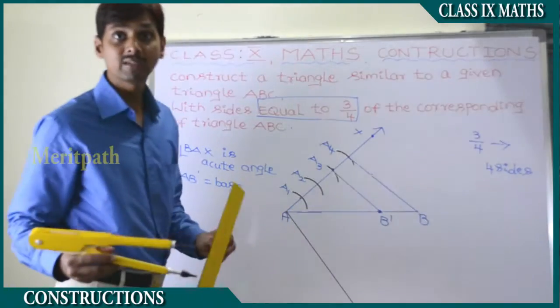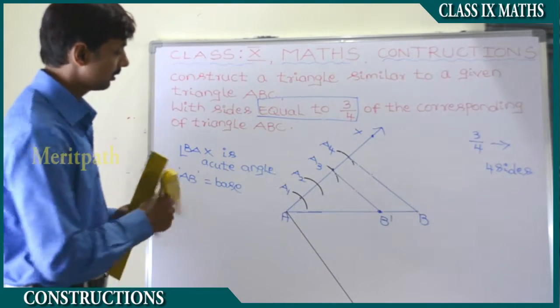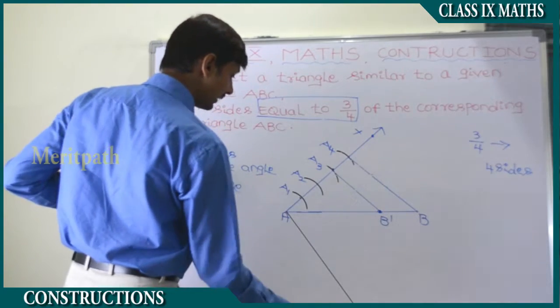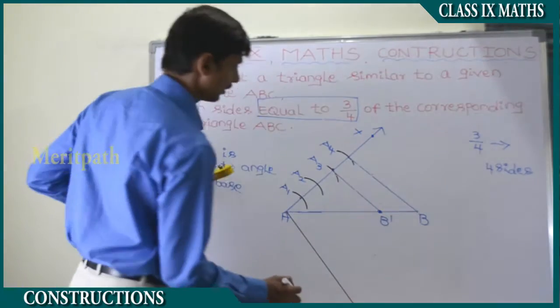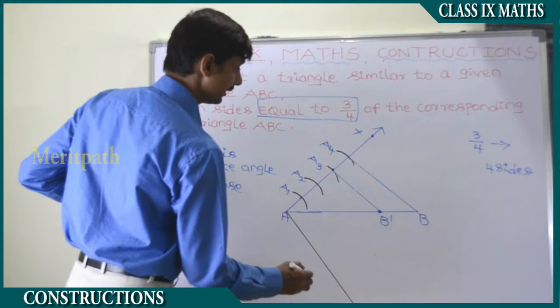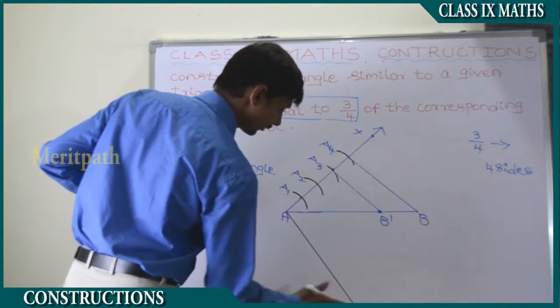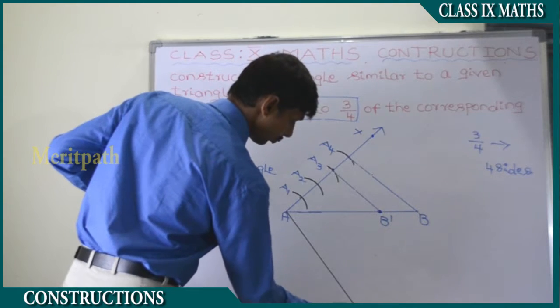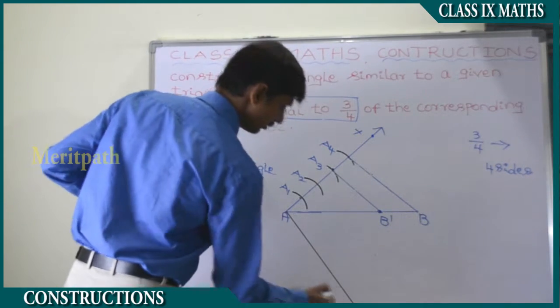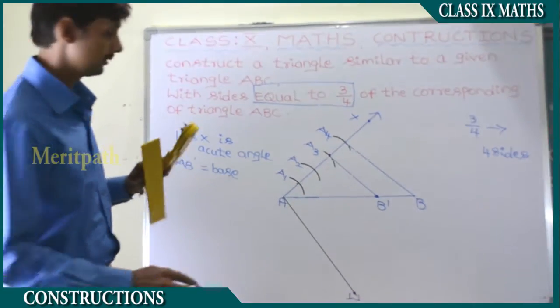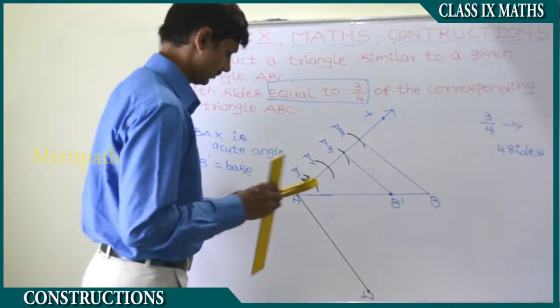This is an acute angle BAY. We can also take some other letter, but this is Y. It's a ray.